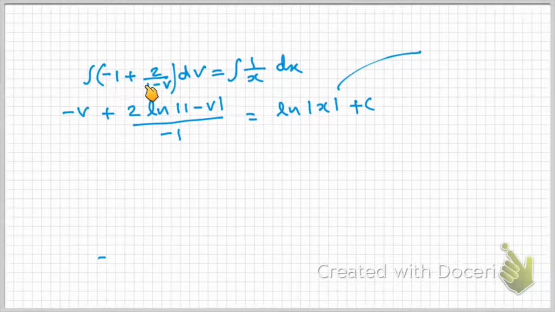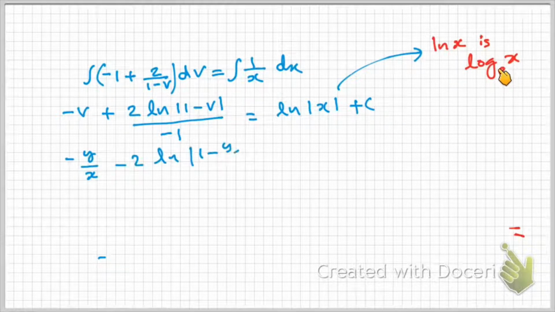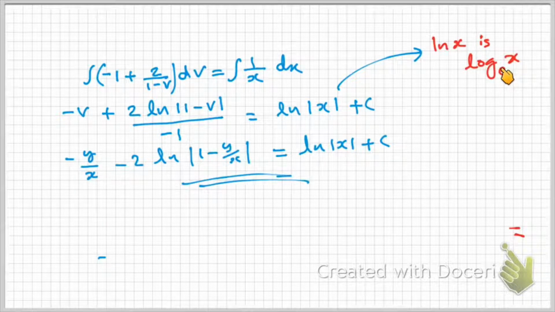So here 1 by 1 minus v is the natural log of 1 minus v divided by the inner derivative, which is minus 1, is equal to the integral of 1 by x, which is natural log mod x, ln mod x plus c. Here, when I wrote ln x, it is actually log x to the base of e, so you could just write log x instead of ln x.